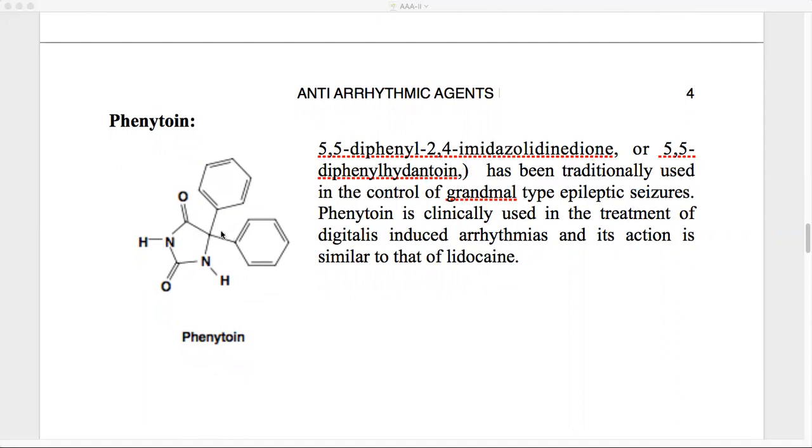That is, it is an imidazolidine ring with numbering 1, 2, 3, 4, 5, carrying two phenyl groups at position 5 and two ketone groups at positions 2 and 4. That is our phenytoin, which has been traditionally used in the control of grand mal epileptic seizures. Clinically, phenytoin is also used in the treatment of digitalis-induced arrhythmias, and its action is similar to that of lidocaine.